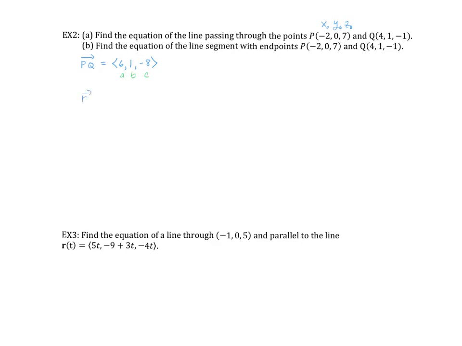Thus the equation of our line in vector form would be my initial point, -2, 0, 7, plus t times my direction vector, 6, 1, -8. And again, I wouldn't really leave it that way. I would combine the two.